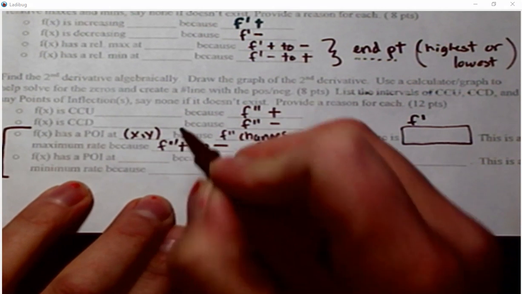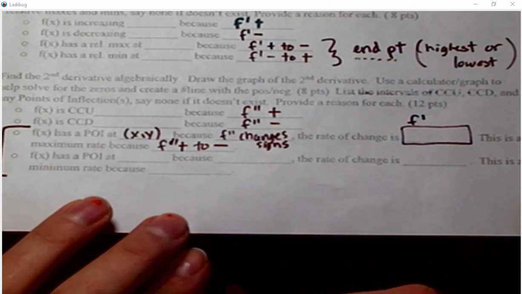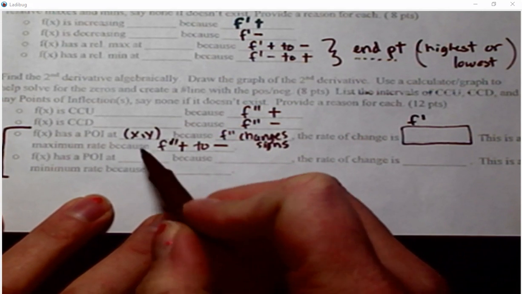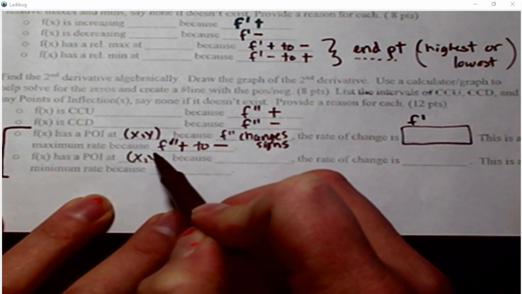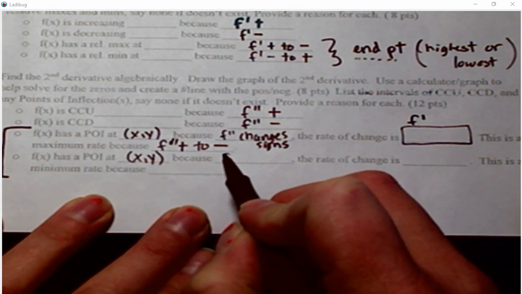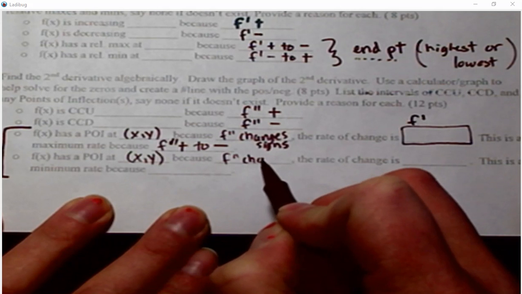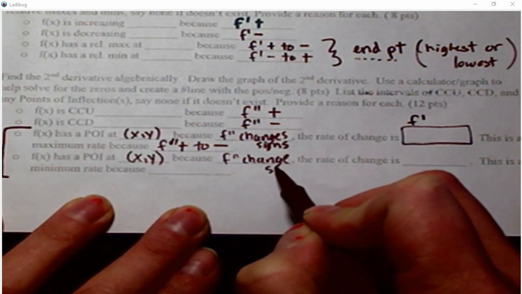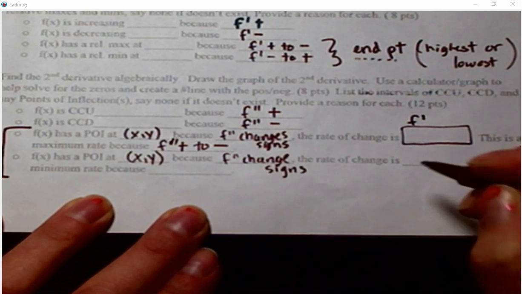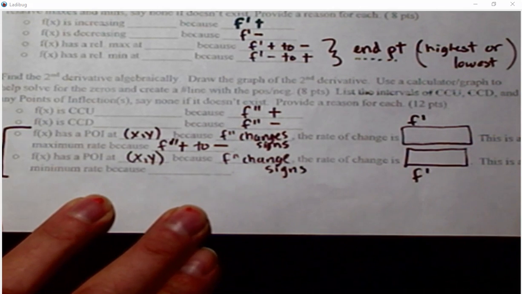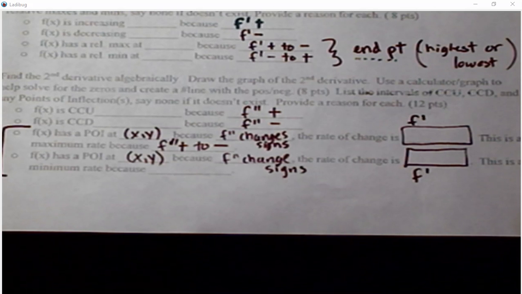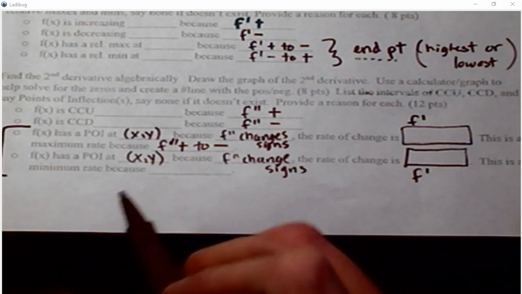That's 2 tick marks. There you go. A point of inflection, because f double prime changes signs, the rate of change is some number that comes from the first derivative, and it's a minimum rate.